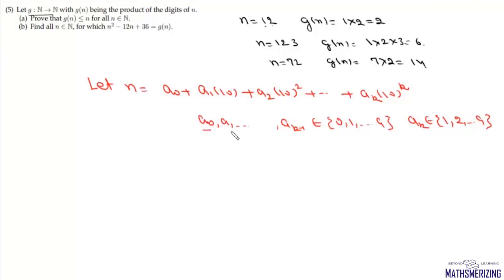Now we know that the maximum value of a0, a1 and any a(k minus 1) is 9.